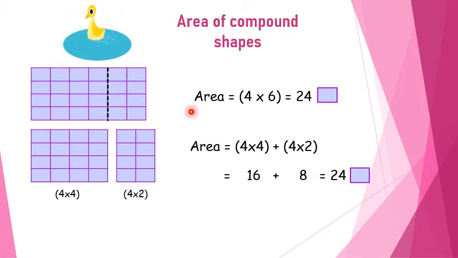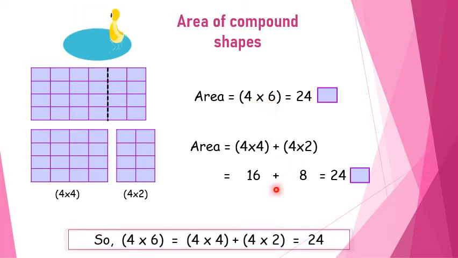And I can deduce something else. As you can see here, 4 by 6 gives you 24, and 4 by 4 plus 4 by 2 gives you 24. So together they give you the same answer as 4 by 6. So I can deduce that 4 by 6 will be 4 by 4 plus 4 by 2.